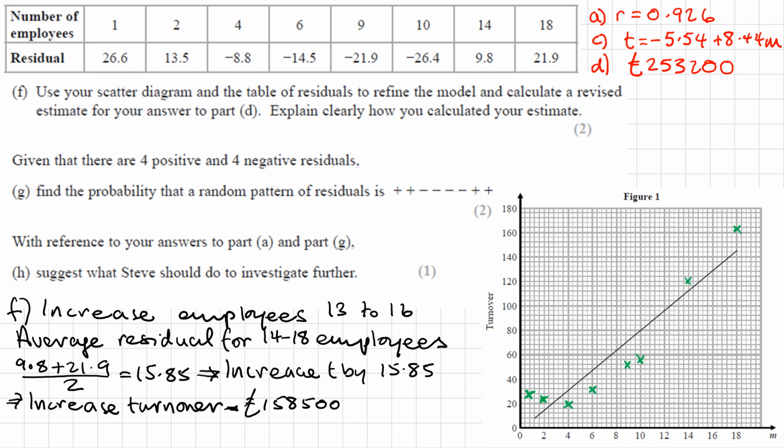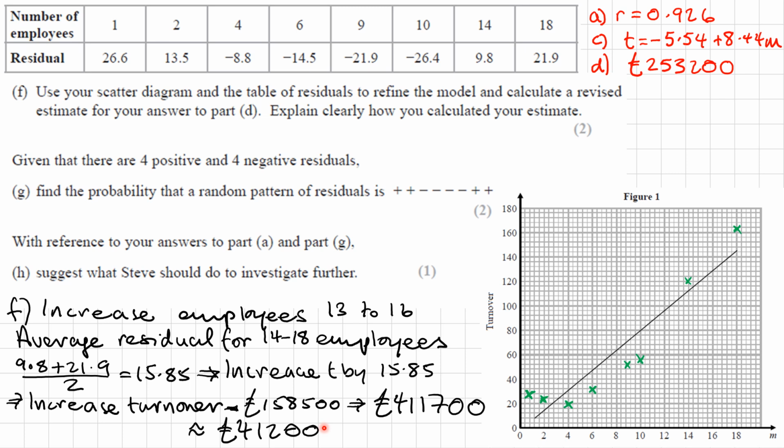that gives us, and this is only an estimate, 411,700, so we might want to call it, if we go for 3 significant figures, 412,000, something like that, as this revised figure for the turnover.